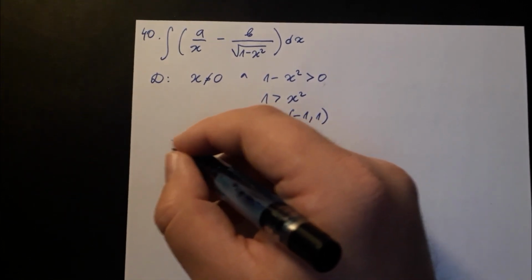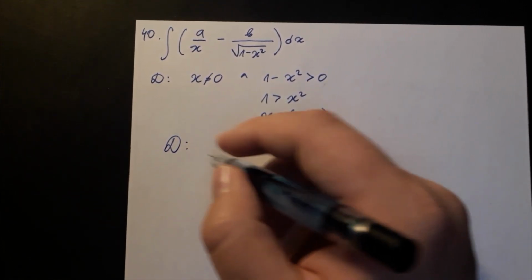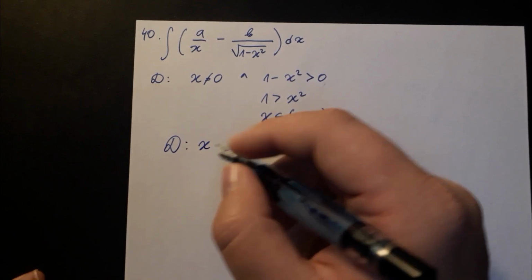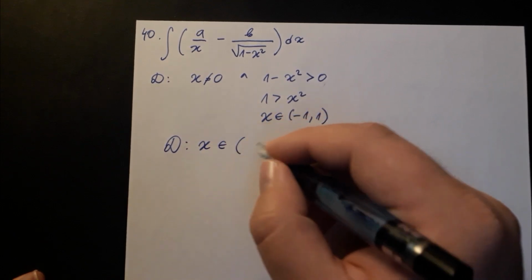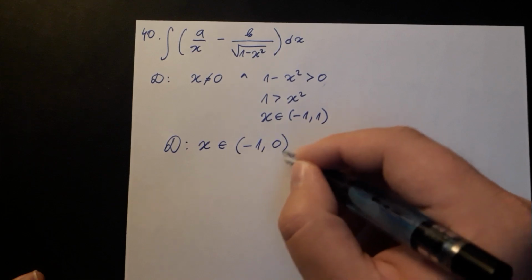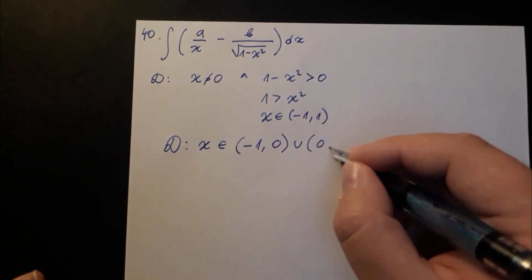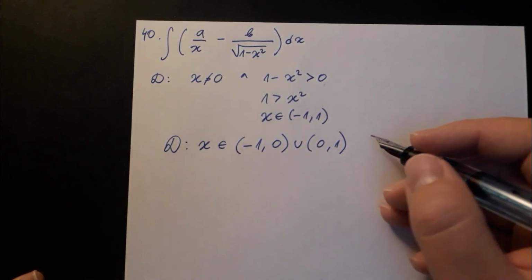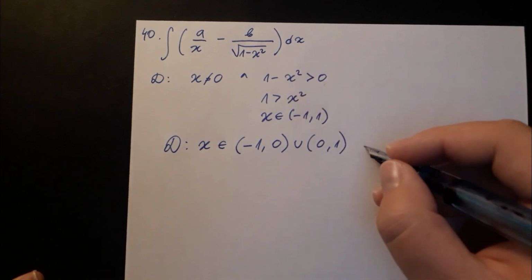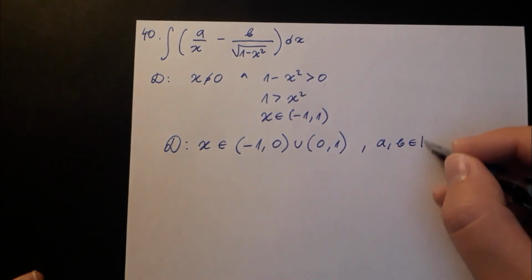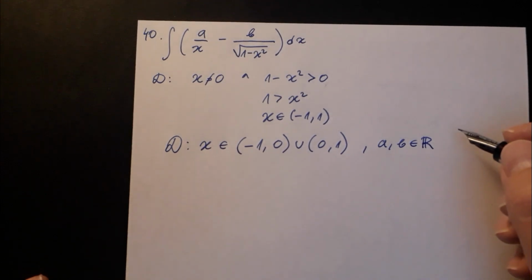So that means that the area in which this integral is defined is for all x's which are inside the interval from -1 to 0, union from 0 to 1. And of course, these numbers a and b are real numbers.